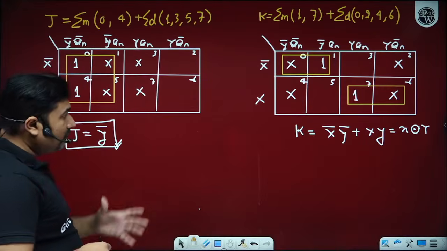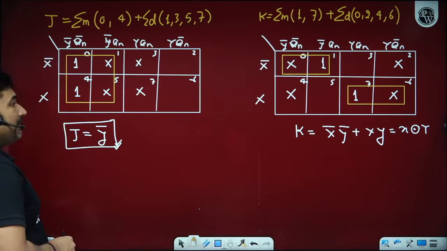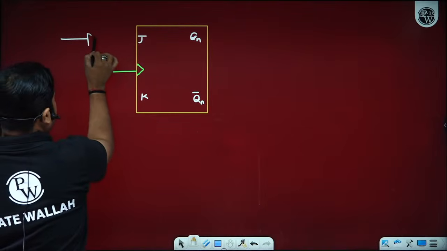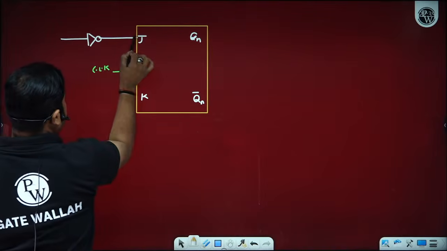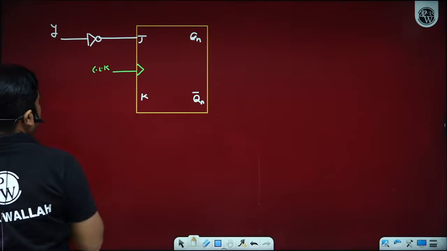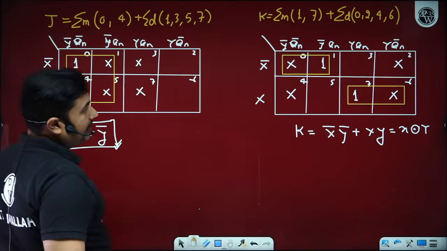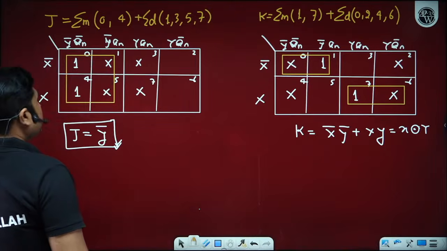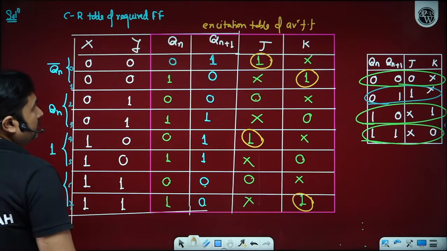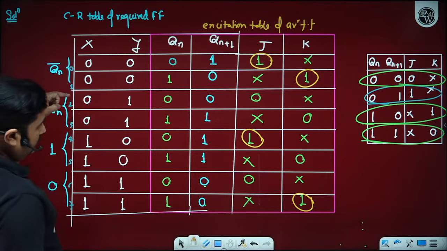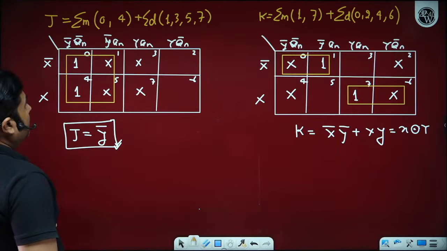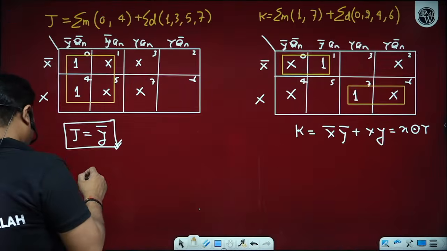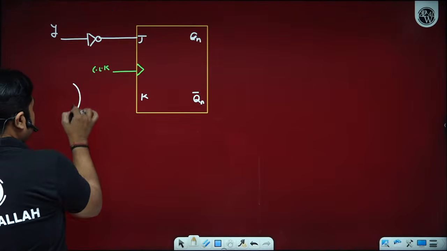Now we want to design an XY flip-flop. For an XY flip-flop, what is J? J is equal to Y bar. And what is K? K we are getting, sir, X XNOR Y. Is it okay? X XNOR Y means we need one XNOR gate.